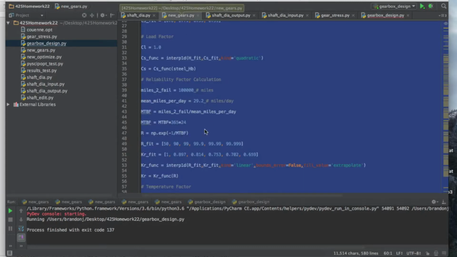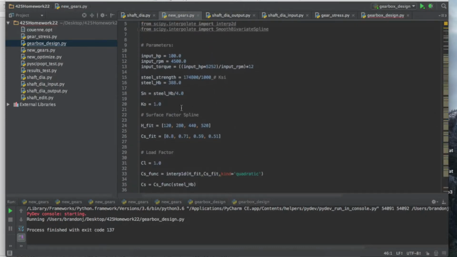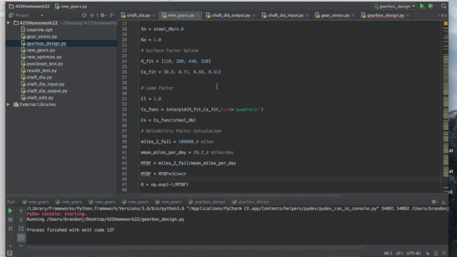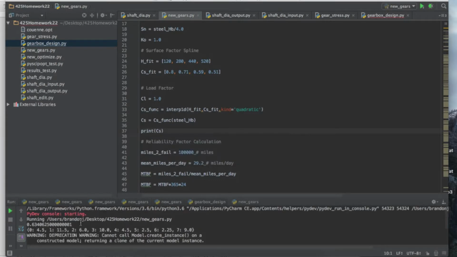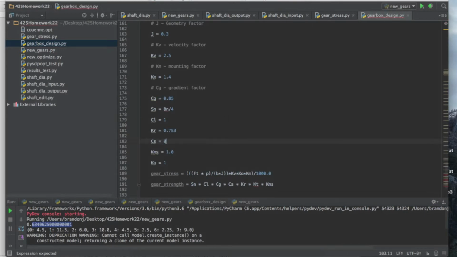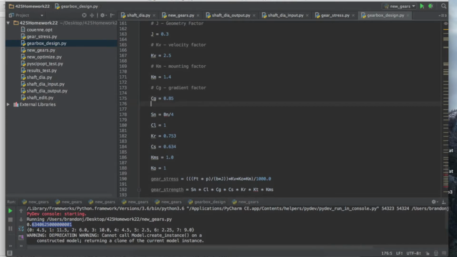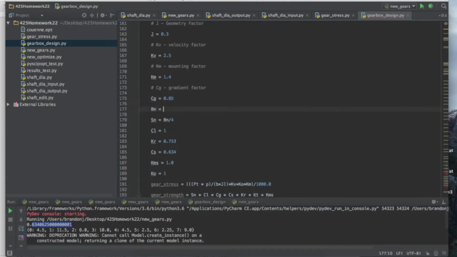Let me just figure something out real quick. CS is just a function of the Brinell hardness, so it looks like it's going to be 0.634. So I'll do that there, and then we'll put Bn here as 388.